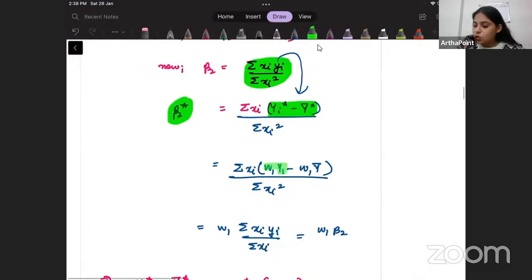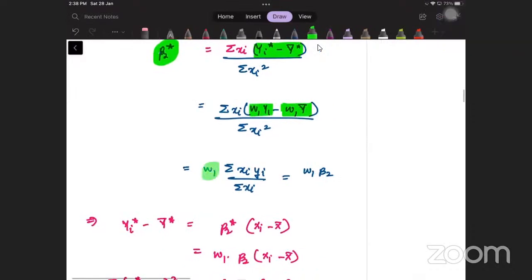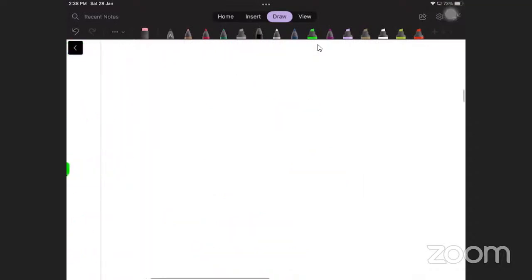So I can write it as w1 yi minus w1 y bar. And this w1 can come out. So I will be left with w1 times summation xi yi by summation xi square. Which means that if I scale yi, then my beta 2 will scale by w1. So which means that the slope is affected by scale.